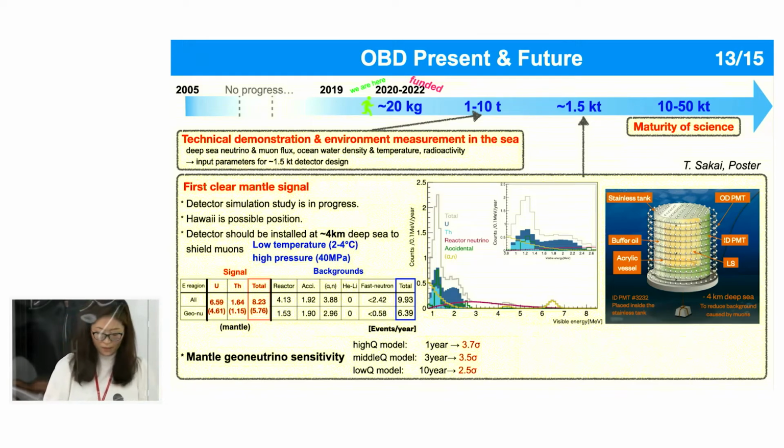So it's very different from the current detector situation. For the mantle geoneutrino sensitivity, with a middle Cube model, we can distinguish with a 3-year measurement at 3.5 sigma confidence level.